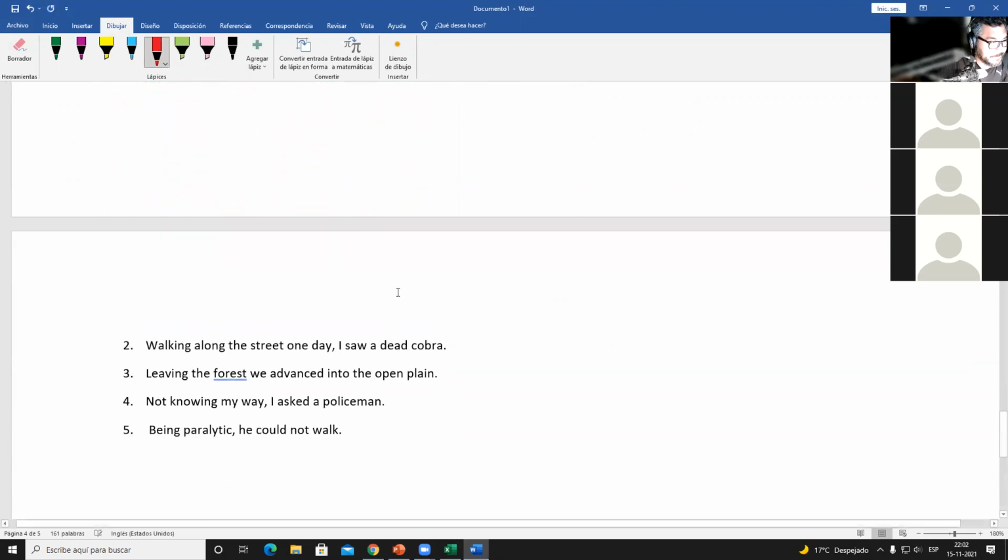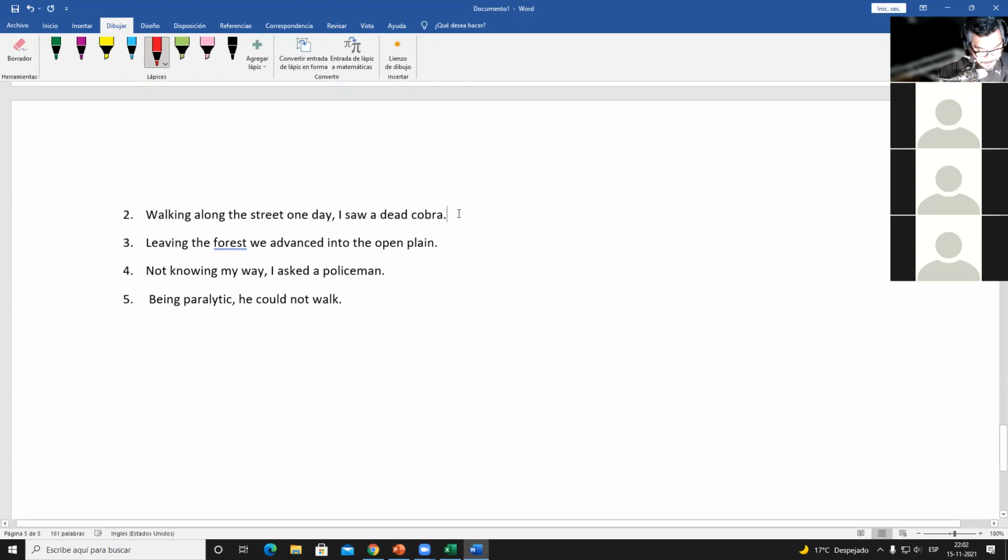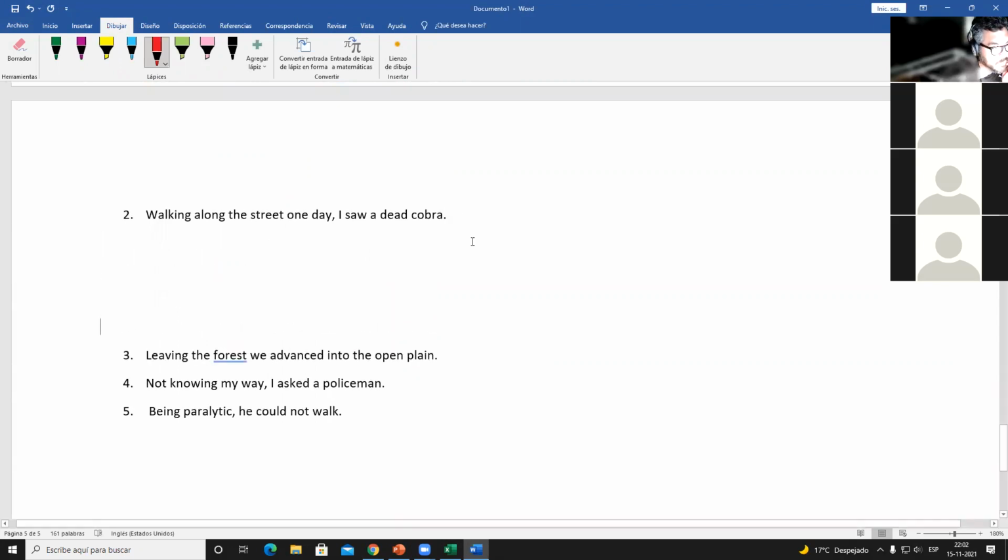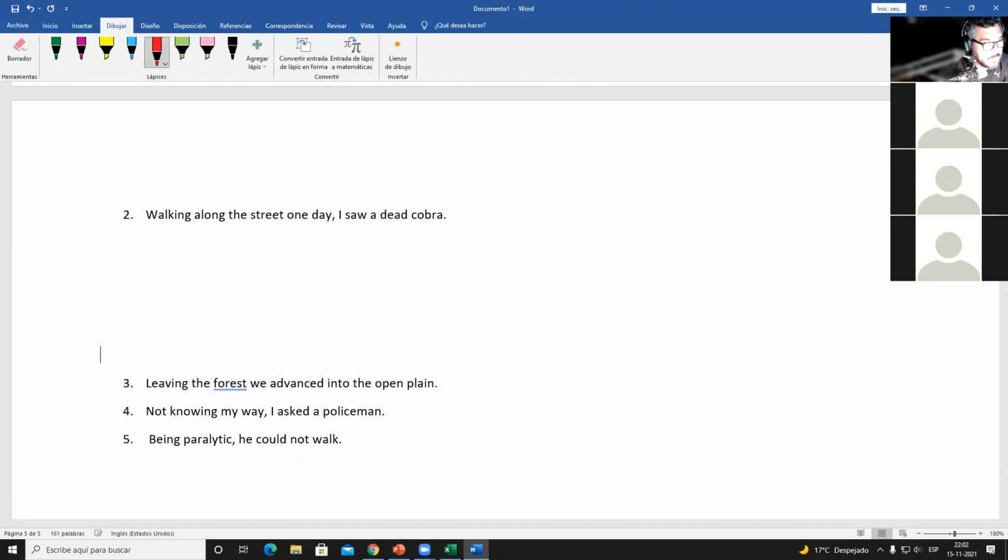Second, the same idea. Walking along the street one day, I saw a dead cobra. Doesn't make any sense, but whatever. Walking along the street one day, it's the same idea, ing clause adverbial, walking along the street. That's a prepositional phrase.